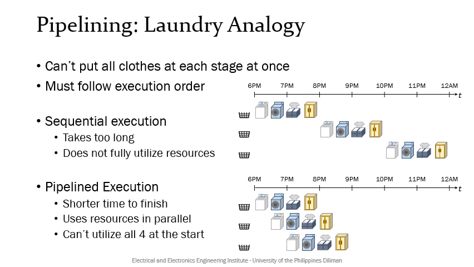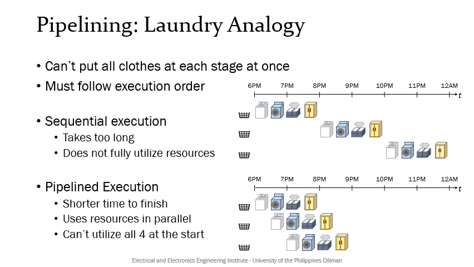With this quote-unquote pipelined execution, we are allowed to finish earlier, by 9 p.m. And this is done by using the resources in parallel. For example, from 7 o'clock to 7:30, we are folding the first batch, drying the second batch, and washing the third batch of clothes, all at the same time.